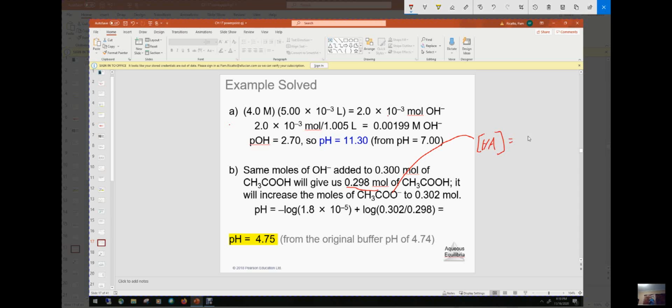We should use the formula correctly. So what is the moles? The moles is 0.298 moles. And I added 5 milliliters to a 1 liter solution, so this volume goes up a little tiny bit.